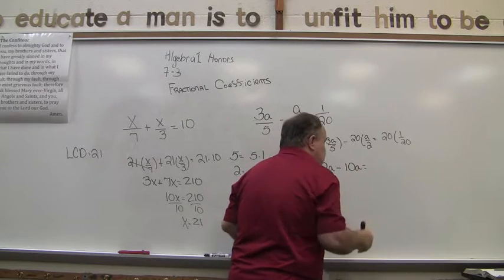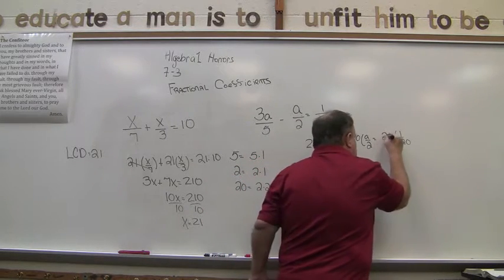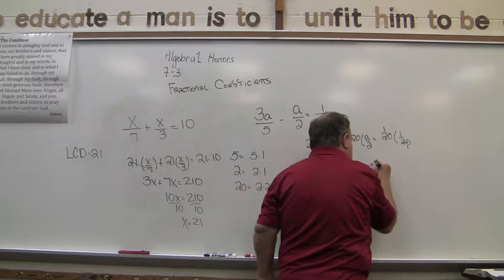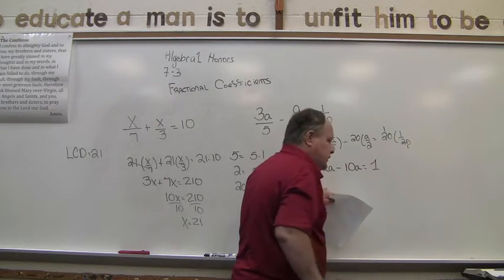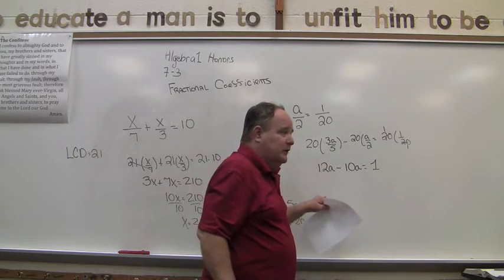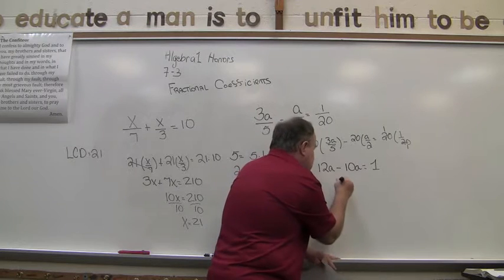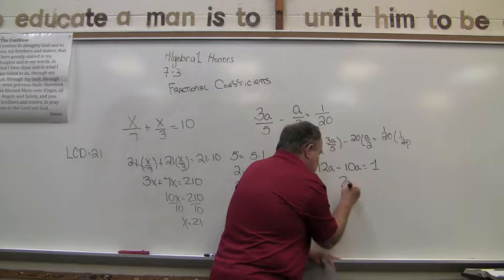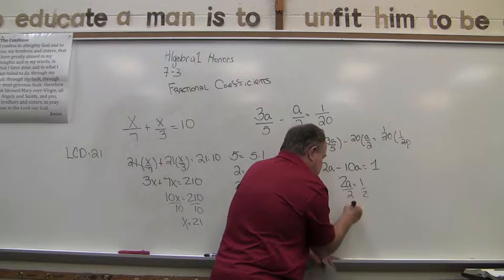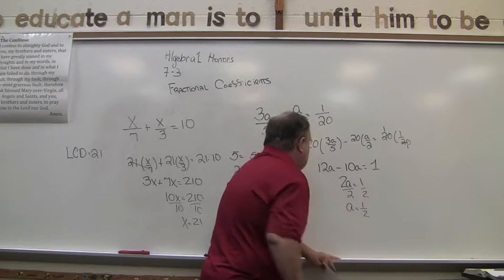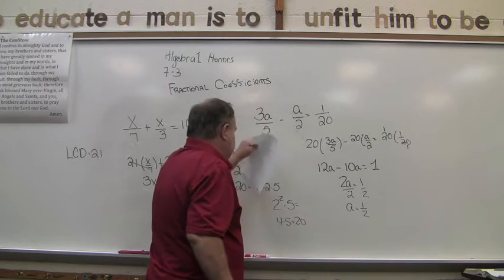And over here, 20 goes into 20 once, so it's 1 over 1, which is just 1. So this is our equation. Now this looks like something we figured out before. 12a minus 10a is 2a. 2a equals 1. When I divide by 2, a equals 1/2. That's the answer.